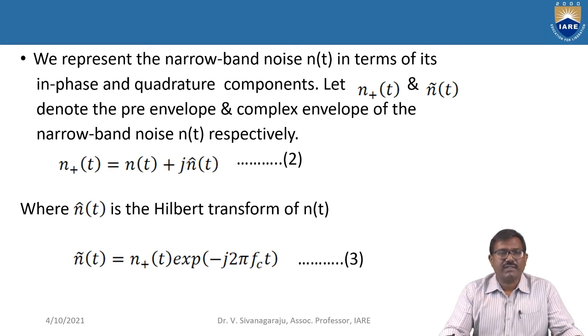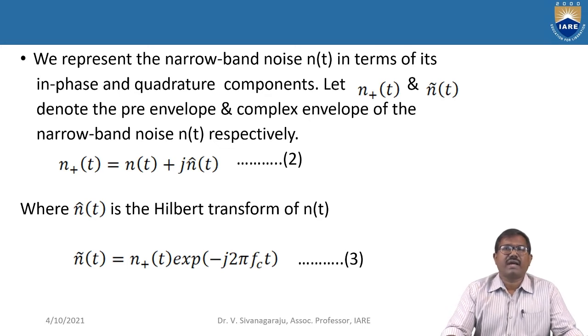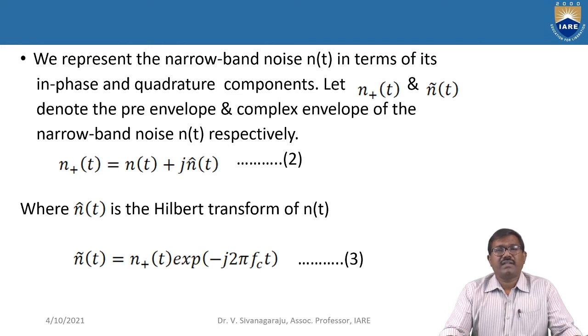So n plus of t is the pre-envelope, which is equal to N of t plus j n cap of t. So how can you represent this pre-envelope in terms of N of t, the narrowband noise, and n cap of t, that is the Hilbert transform of N of t. So there is a 90 degrees phase shift for that narrowband noise, that n cap of t.